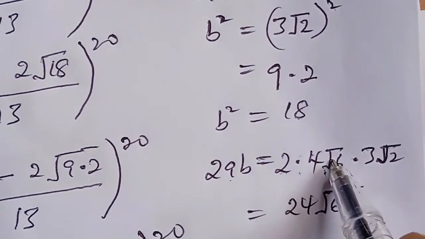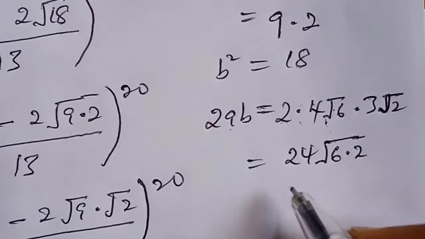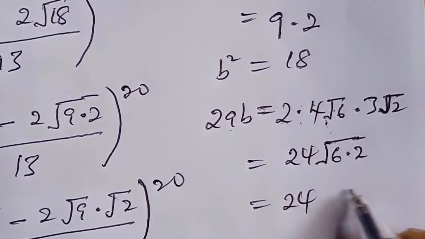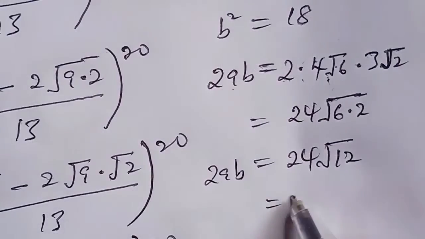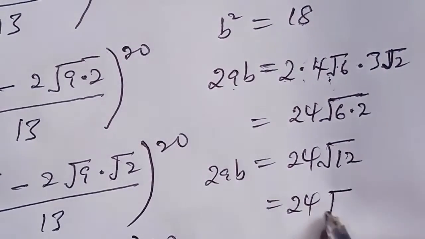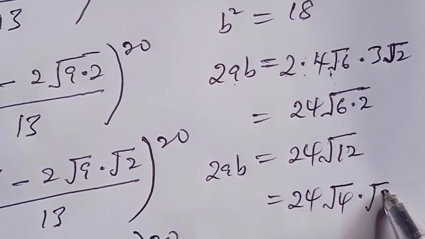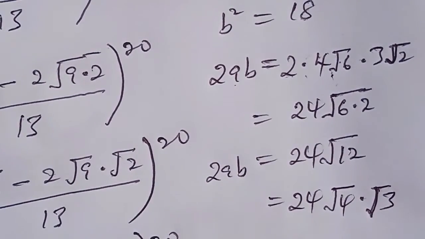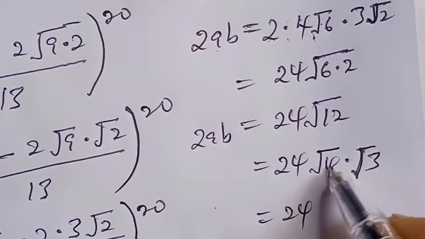We multiply square root of 6 by square root of 2, and this will be equal to 24 square root of 12, which is 24 square root of 4 multiplied by square root of 3.